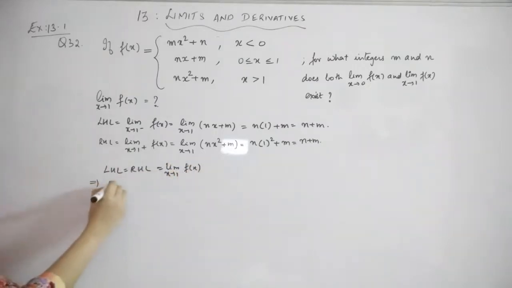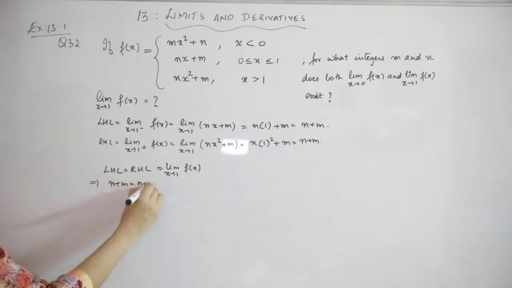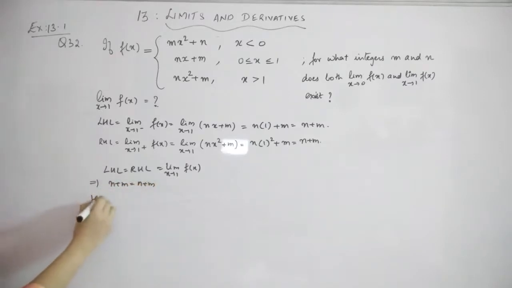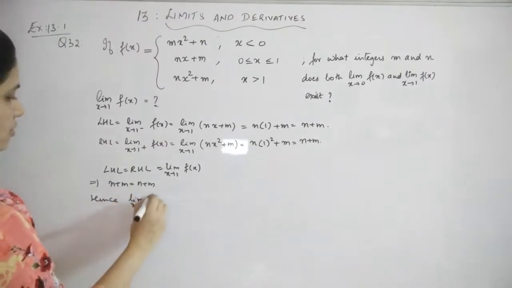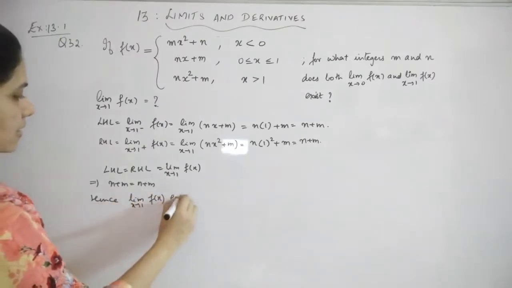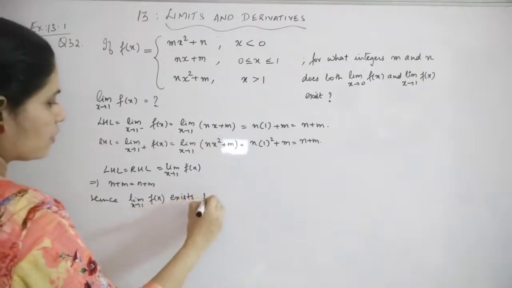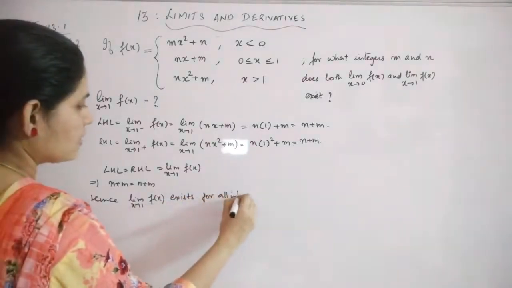That means you are getting n plus m is equal to n plus m. Hence you can say that for all integral values of n and m, the limit will exist.